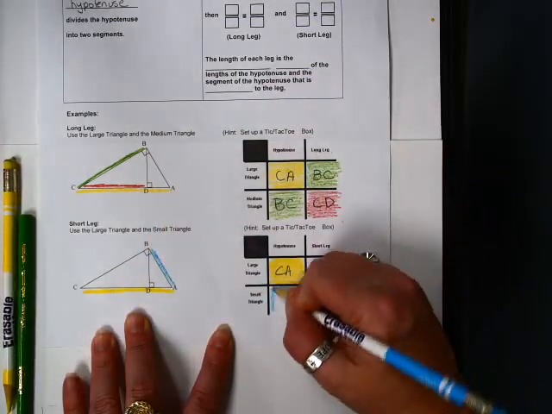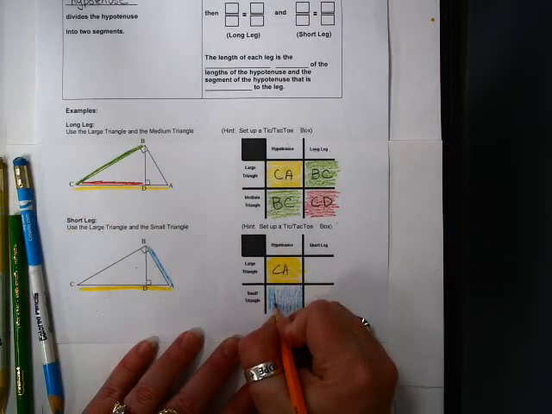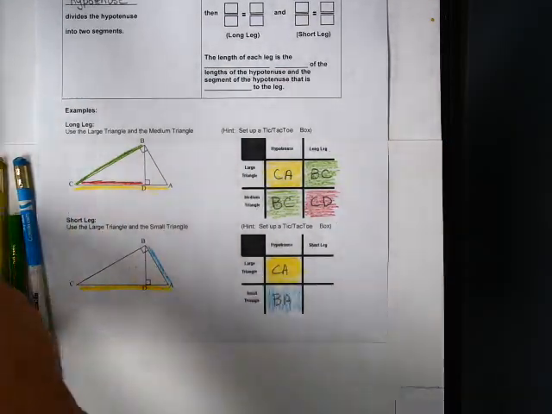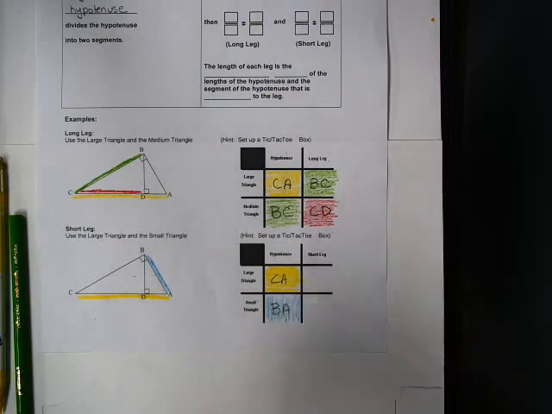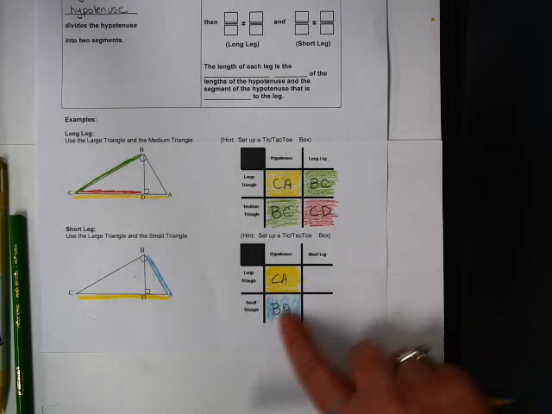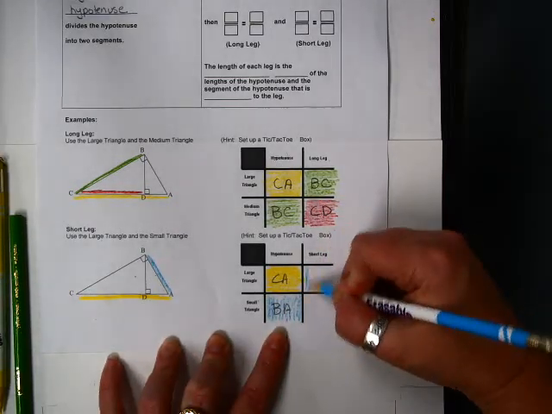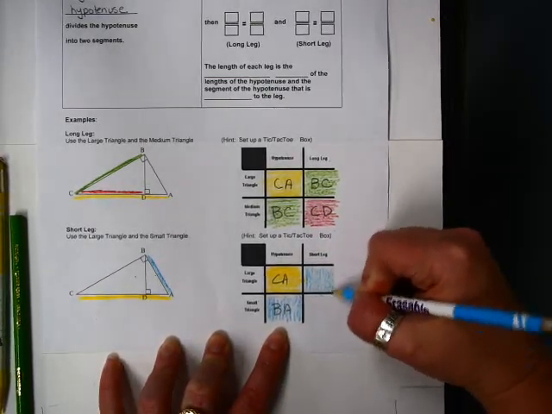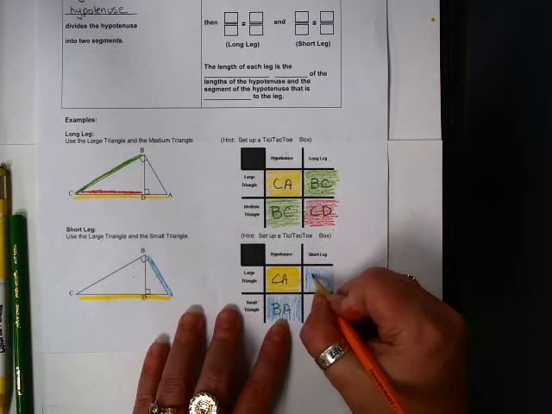BA. Okay, now without even looking at the categories, what color is that one going to be? So for me, it's going to be blue, because these two are always going to be the same color. So I know that's going to be BA.